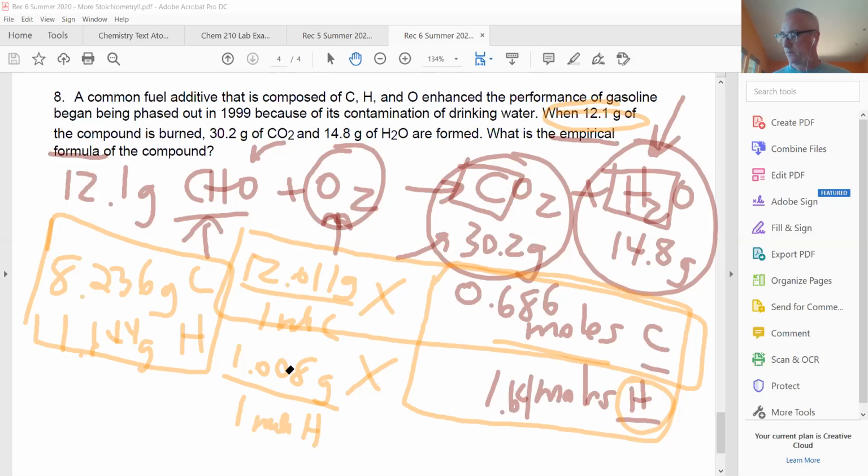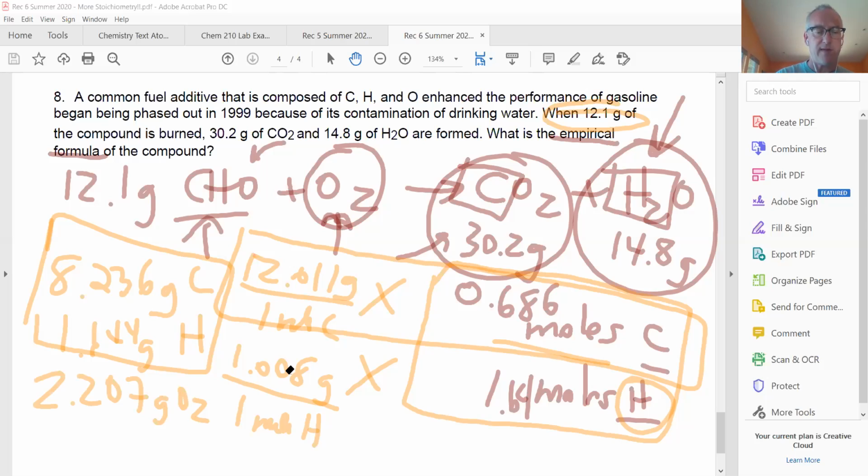So we have 2.207 grams of oxygen. If the original 12.1 grams, 8.2 of it was carbon, 1.6 of it was hydrogen, and 2.2 of it was oxygen.